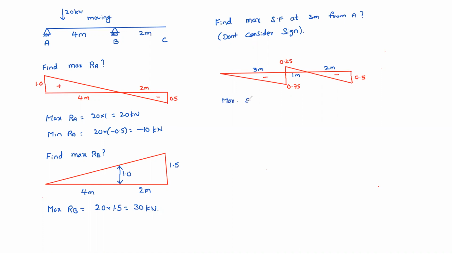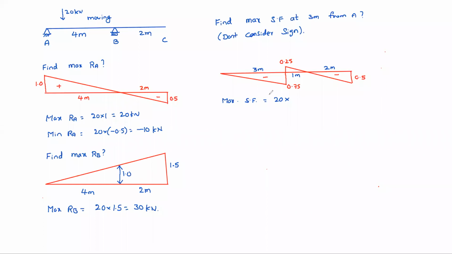So maximum shear force, not considering sign, equals load, which is 20 kilonewtons. The maximum ordinate anywhere on the beam is only 0.75. It's increasing from A to B, in the negative direction, from 0 to 0.75, and suddenly changes to 0.25, and it is decreasing to 0 and increasing to minus 0.5.